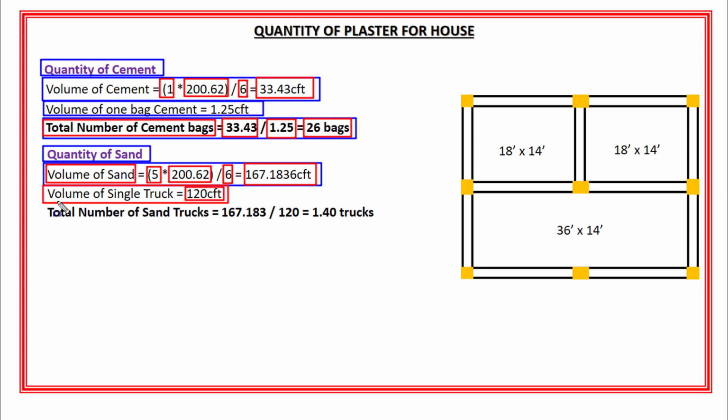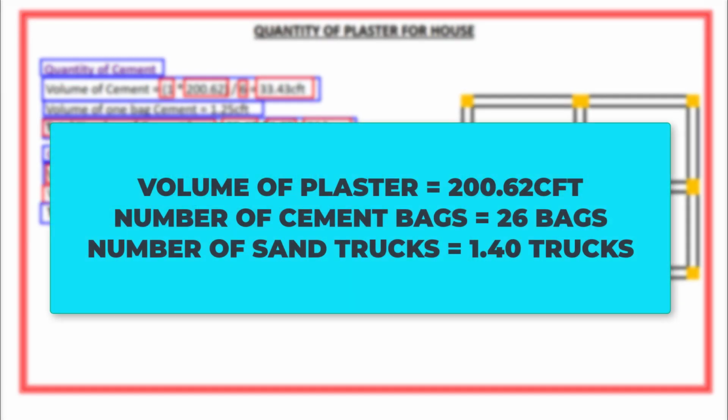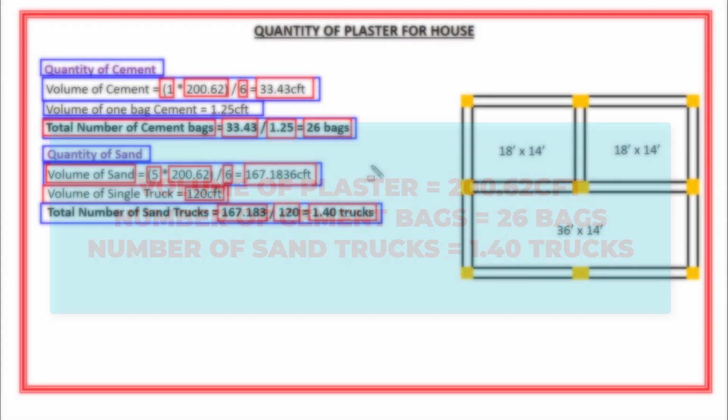So the total number of sand trucks will become 167.183 divided by 120, and it will become 1.40 sand trucks. Right? So this is how you can easily find out the quantity of plaster required in a house. Now in this video, I have found the volume of plaster, the total number of cement bags, and the total number of sand trucks used in the plaster of this house.